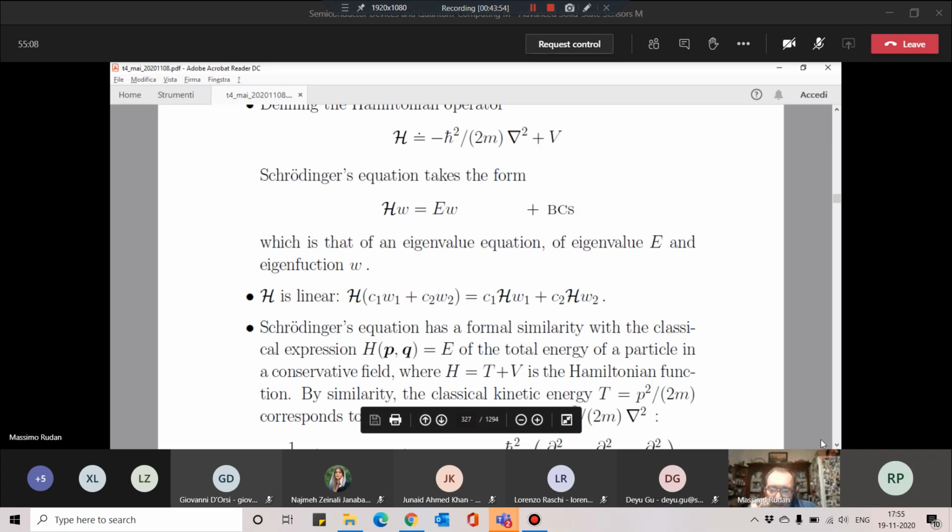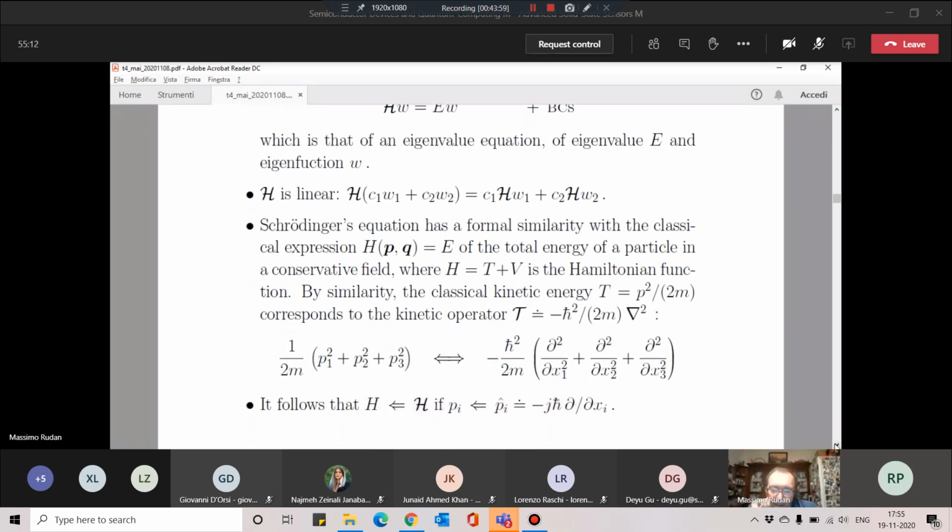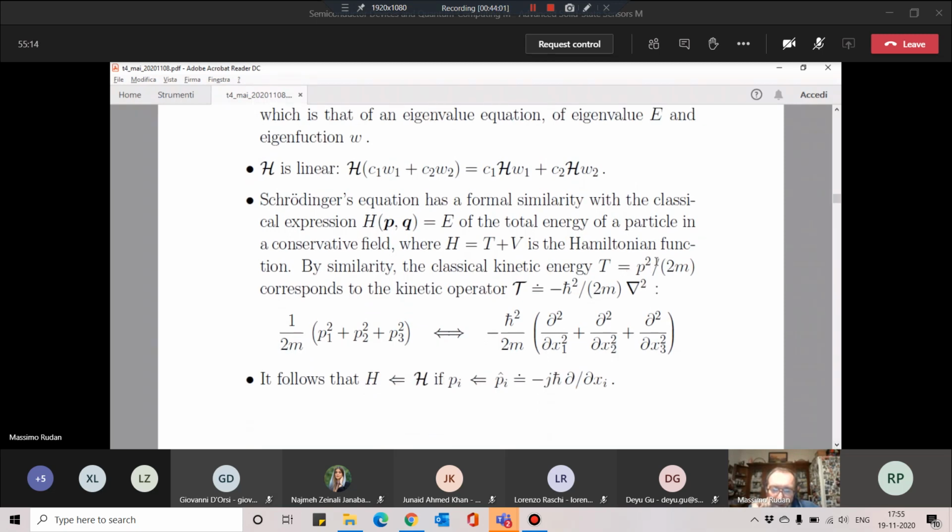Instead, the kinetic part in the classical case is p squared over 2m. And in the quantum case, it is a block that we can again call T with a fancy T, equal to minus h bar squared over 2m Laplacian, where 2m is the same 2m that appears in the classical kinetic energy.